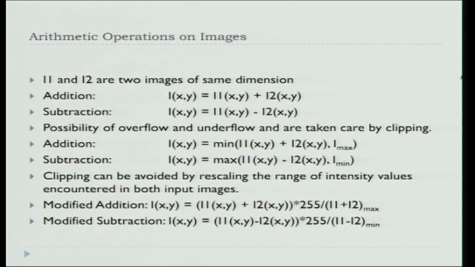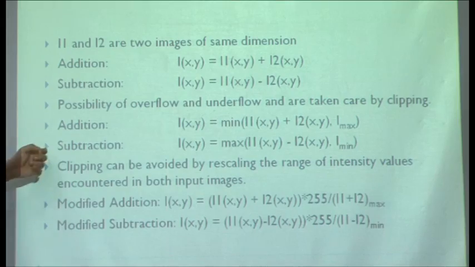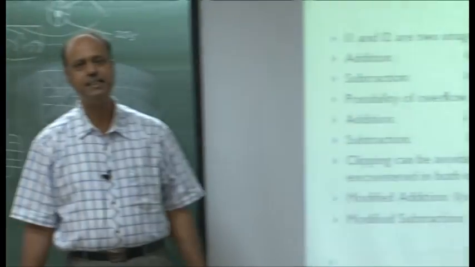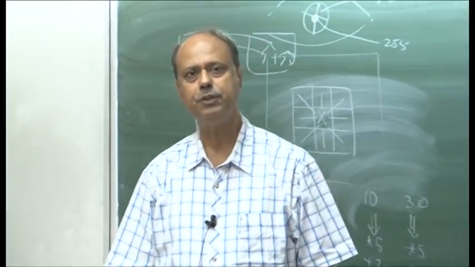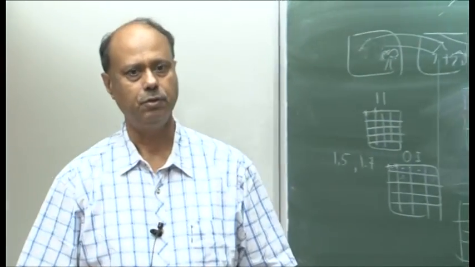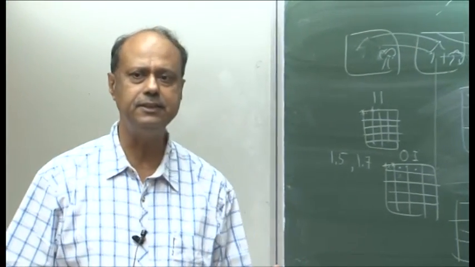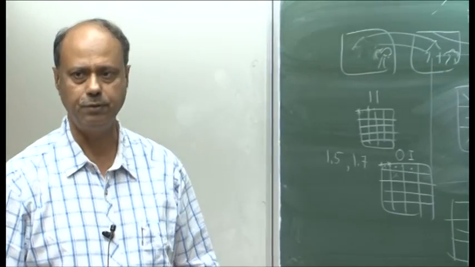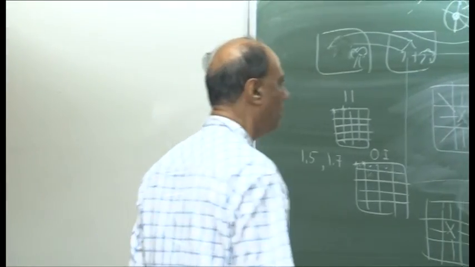So, if it is more than 255, then it is 255. Similarly, in the case of subtraction, it is the maximum of the difference between these two and 0. So, if it is coming less than 0, I am forcibly making it 0.